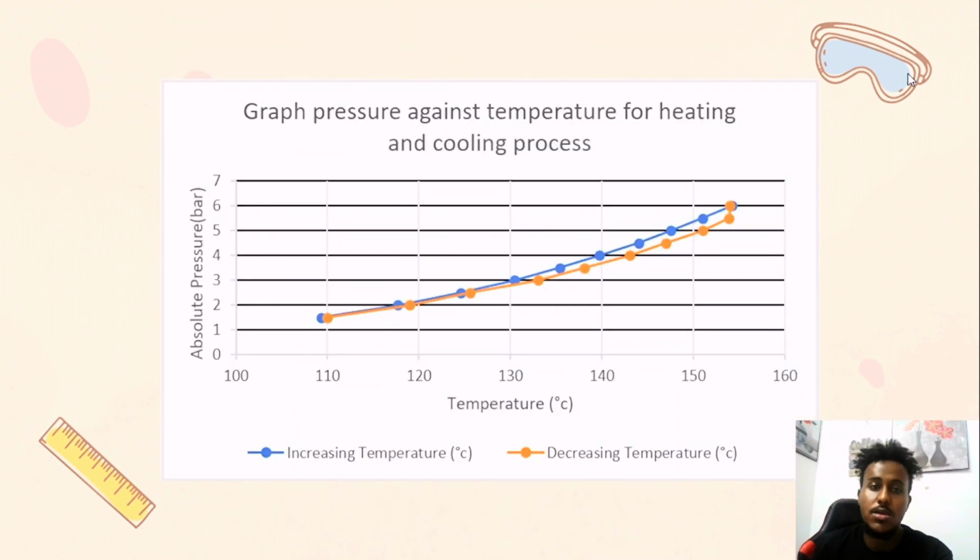And next slide, graph of pressure against temperature for the heating and cooling process. Absolute pressure, increasing pressure, decreasing pressure. Whenever absolute pressure is down, temperature will increase.